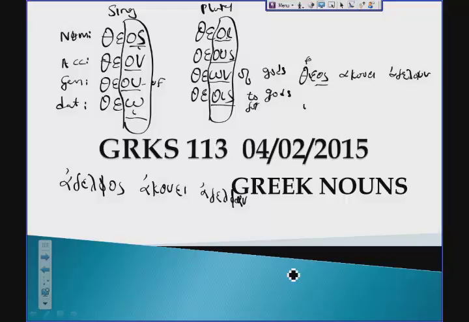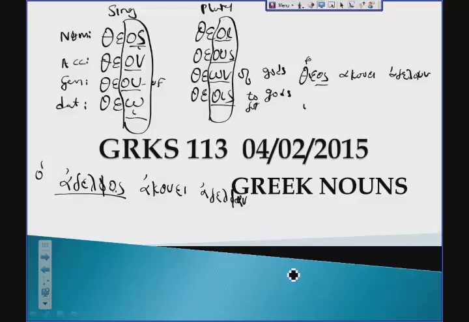A brother, let's have him as definite. The brother hears the sister. And I underline that and say, parse it for me. Then you are going to tell me this is a noun, and case, number and gender, it's nominative, and it's masculine, and it's singular. Okay?